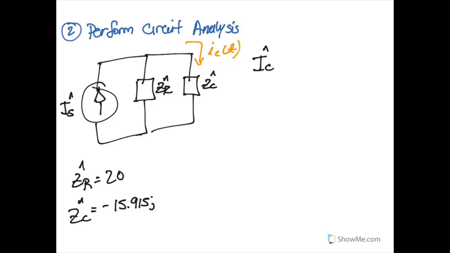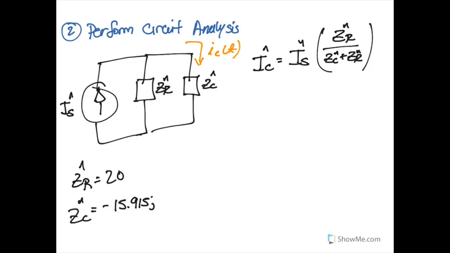We can say that the current flowing through the capacitor is equal to the current coming from the current source over the impedance of the resistor and the impedance of the capacitor. This is the standard current divider equation, and we've simply transformed it into its phasor domain equivalent.